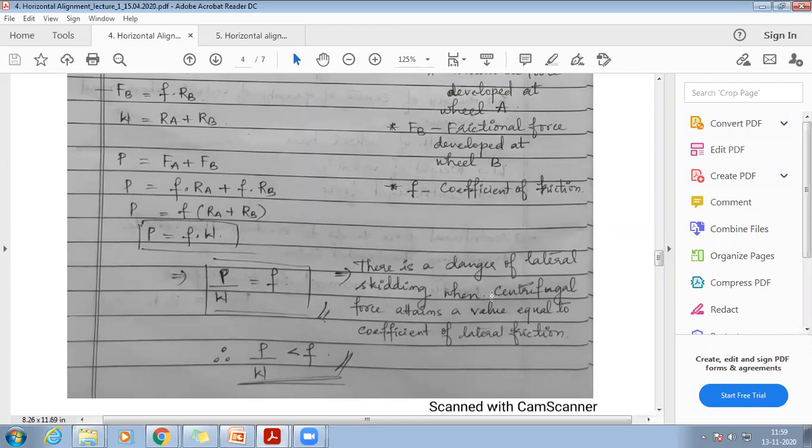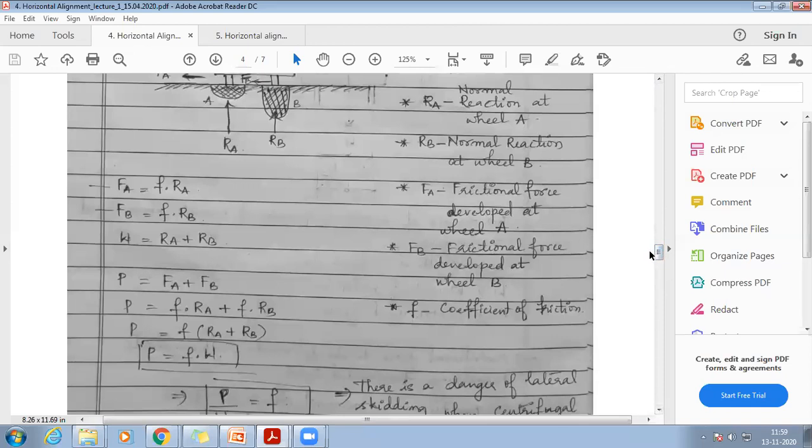So here one more important point which I want to stress is that the frictional coefficient which we are going to deal with here is nothing but the coefficient of the lateral friction. In SSD we had dealt with the coefficient of the longitudinal friction.